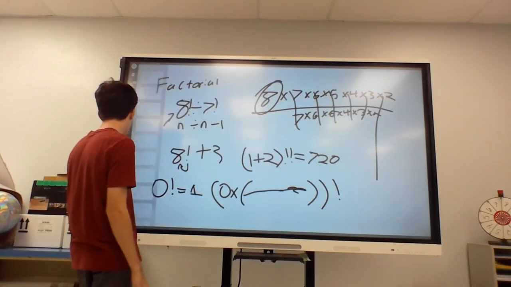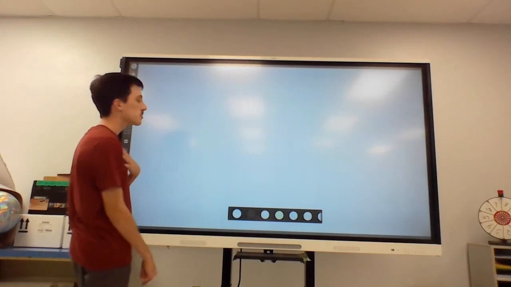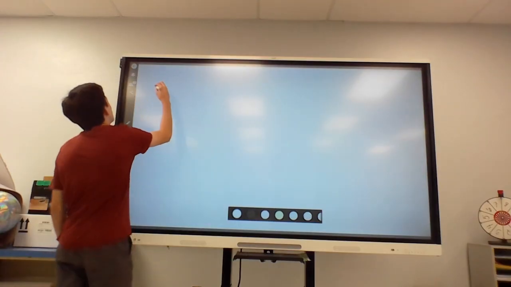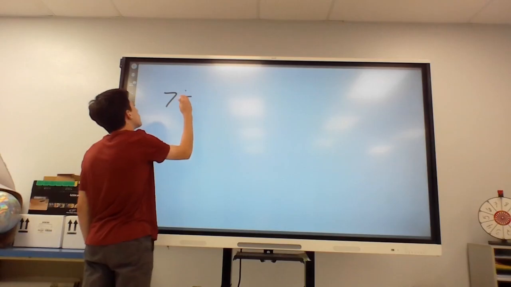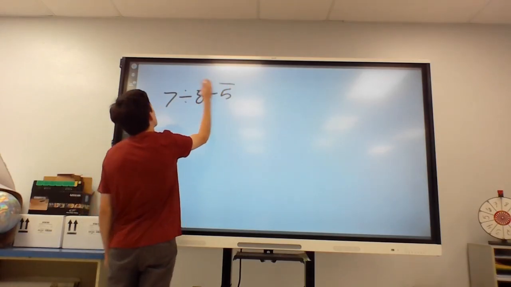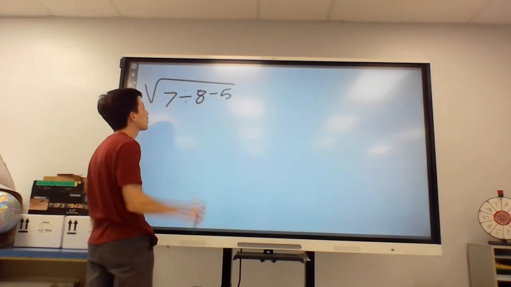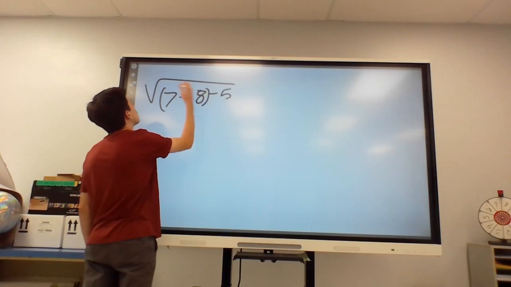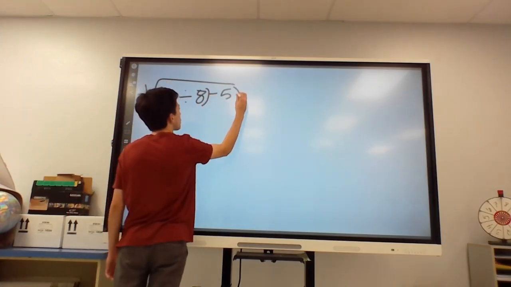Cool goal. My favorite goal, I love this one, it always wins. You're probably going to use it: 7 divided by 8 minus 5 square root. And if you want to, put the parentheses here. Don't do that in gold because that makes it easier for them.